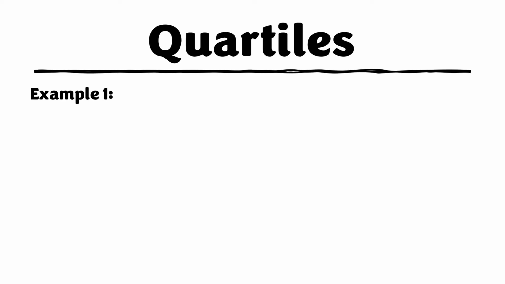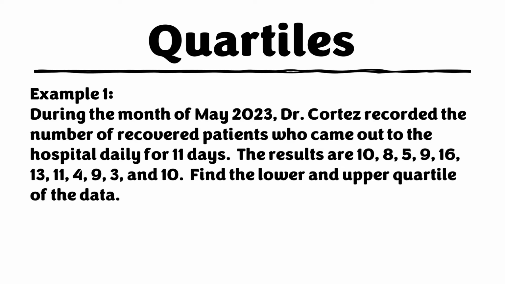Let's have example number 1. During the month of May 2023, Dr. Cortez recorded the number of recovered patients who came out of the hospital daily for 11 days. The results are 10, 8, 5, 9, 16, 13, 11, 4, 9, 3, and 10.